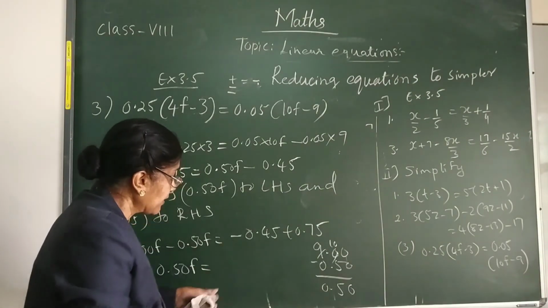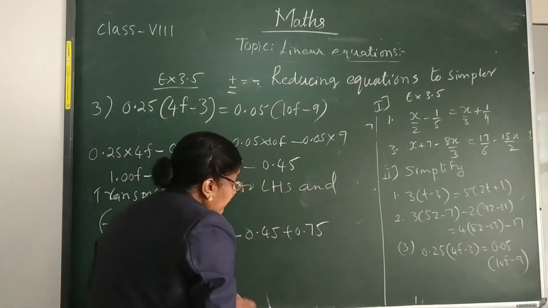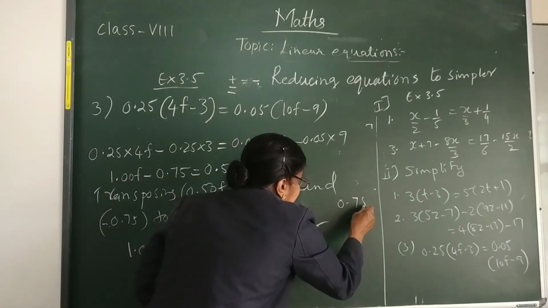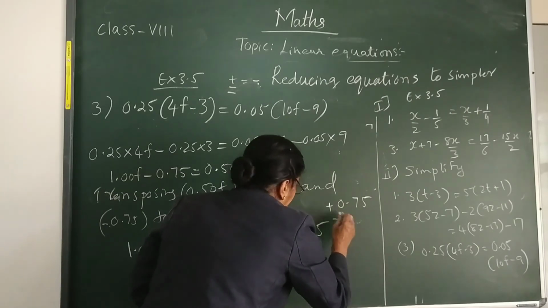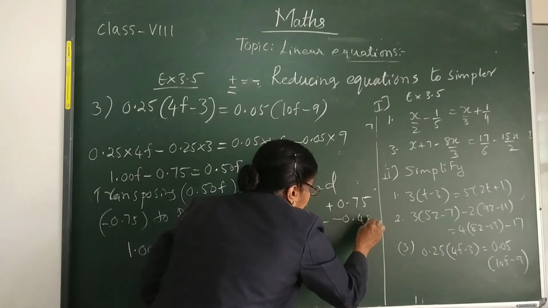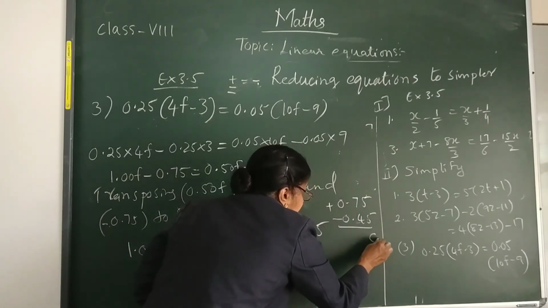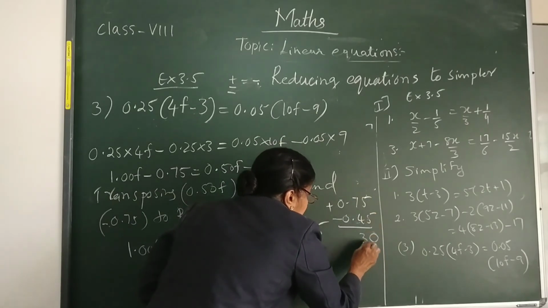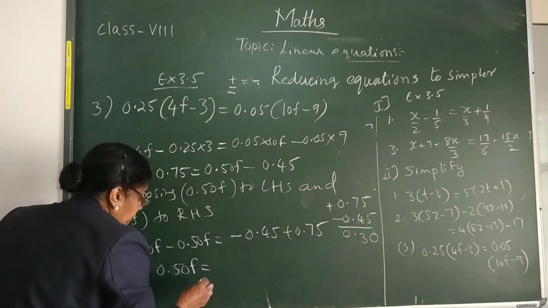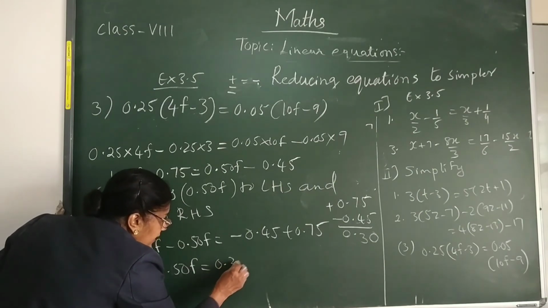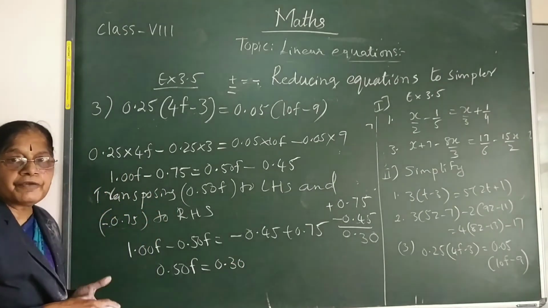Now we have to do the subtraction over here again. 0.75 minus 0.45. 5 minus 5 is 0. 7 minus 4 is 3 and 0. So how much did you get? 0.30.